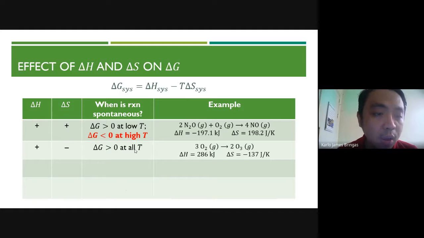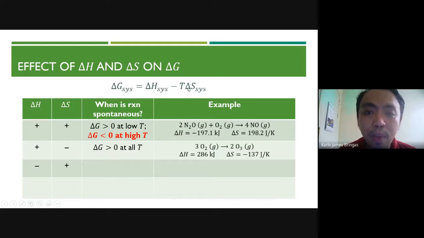Okay? Now let's flip it over in our case 3. This time you have a delta H that's negative and a delta S that is positive. Again, bear in mind, delta G should be negative pag reaction is spontaneous. So kung negative ito, minus positive na T times a positive na delta S. So this gives you a negative term.